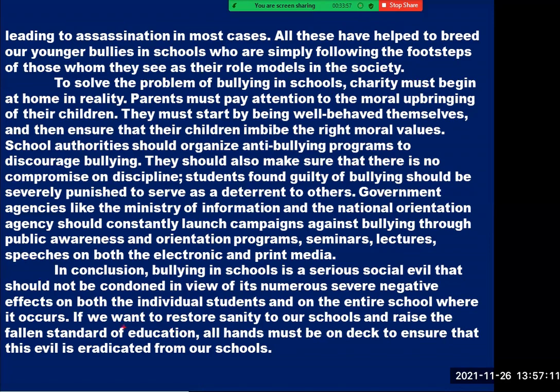So you are talking about solving the problem. If we want to restore sanity to our schools and raise the falling standard of education, all hands must be on deck to ensure that this evil is eradicated from our schools. Full stop. All right. So this is a very, very simple way of writing a composition of this nature.